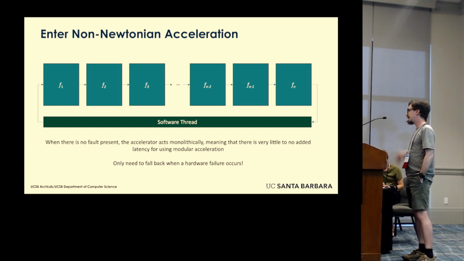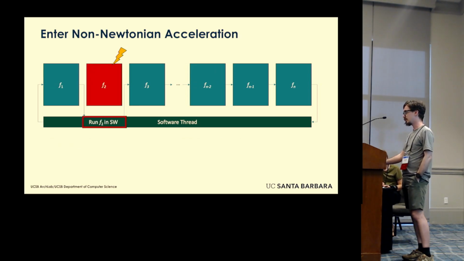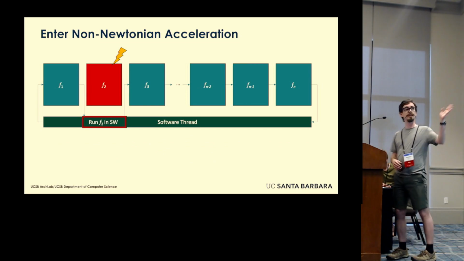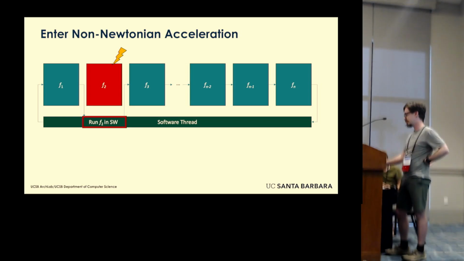And so when there isn't any fault in the system, you can just run through a nice, low latency, high throughput design you would normally have, and then only fall back when a hardware failure occurs. And so in the particular instance where this would happen, fall back to software just for that one piece. Everything else is still running much better.